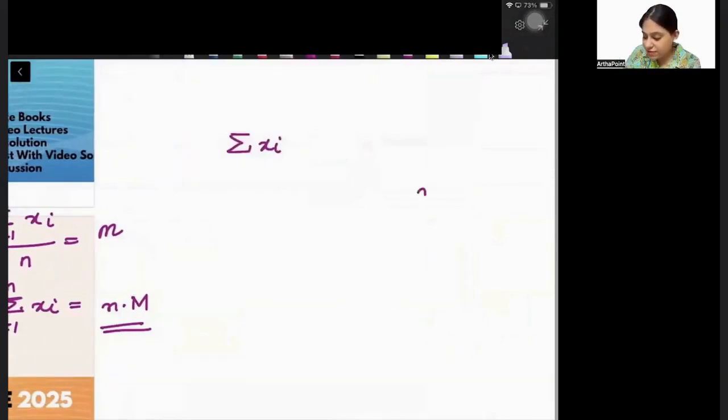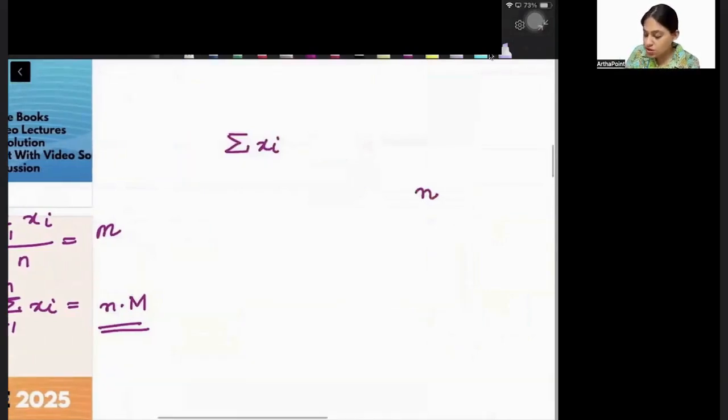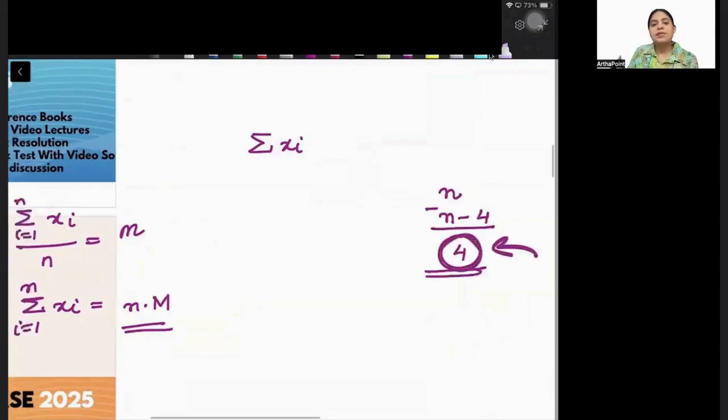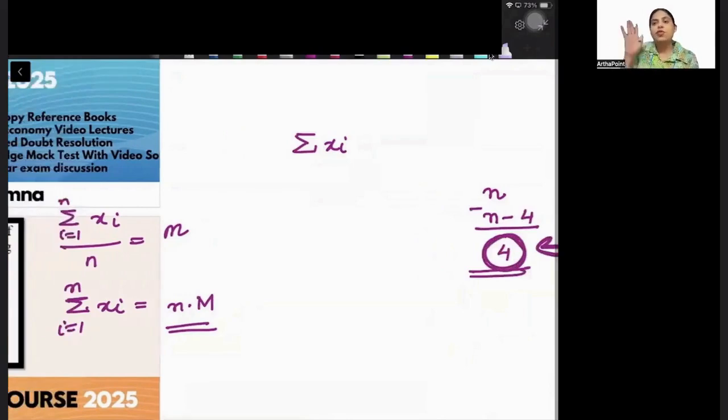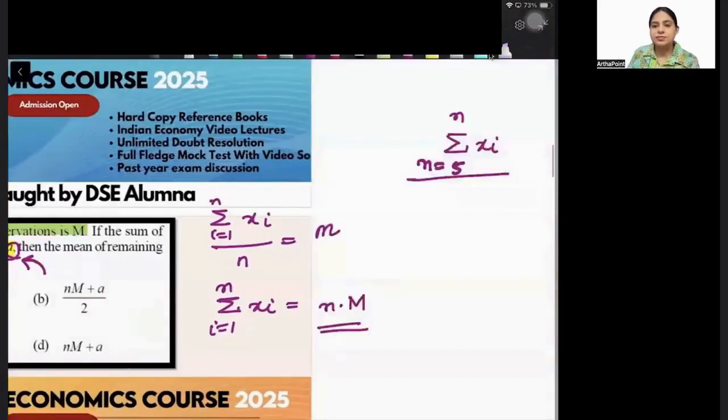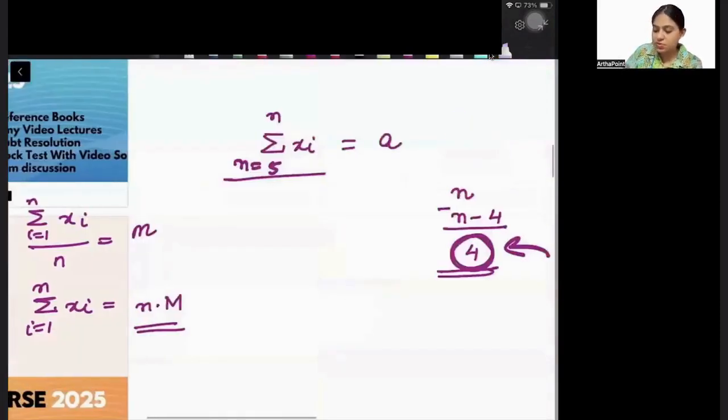माने if I have n observations, तो इसमें से I am finding the sum of n minus 4 observations. So I am excluding the 4 observations. I am excluding observation 1, 2, 3, 4. और from n equal to 5 till n मैंने सारी ले ली. I am taking the sum of n minus 4 observations and its sum is given to me as a. ठीक है?